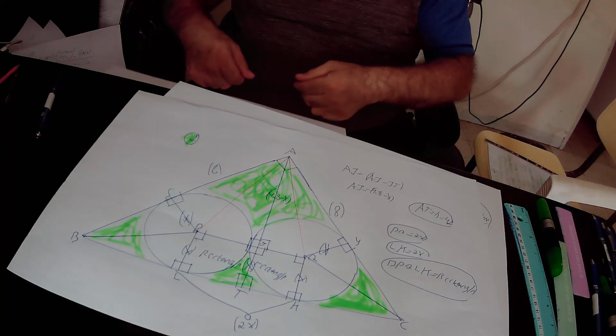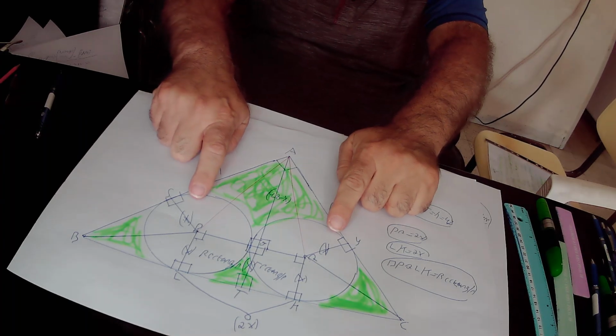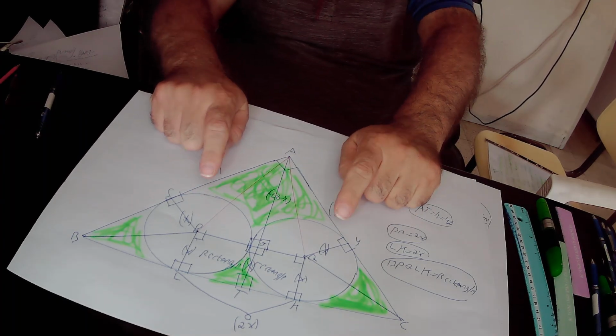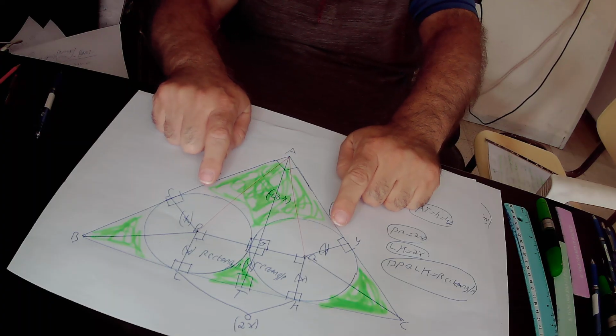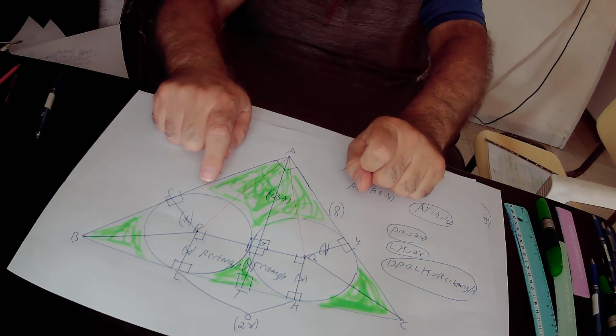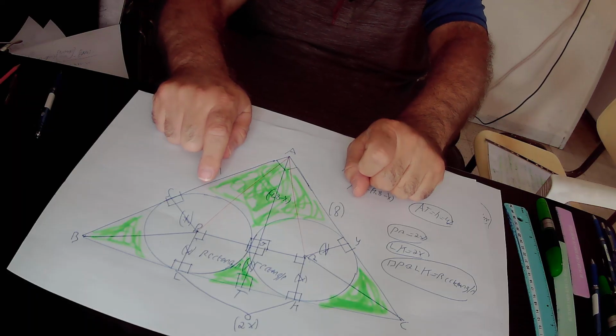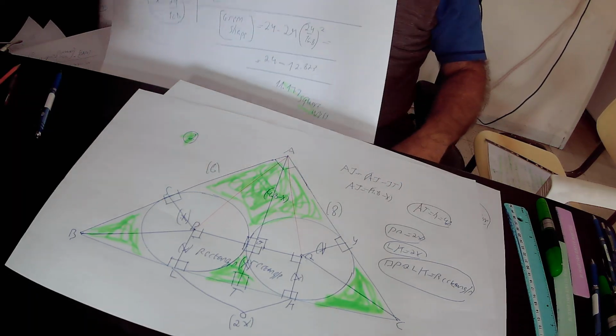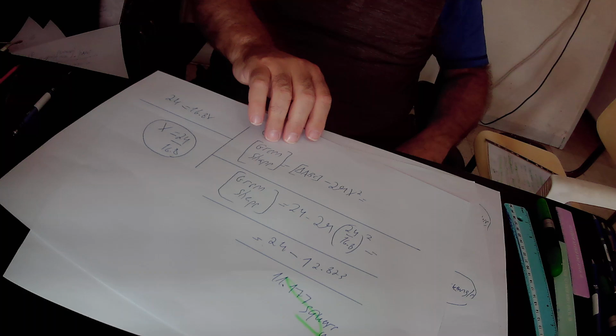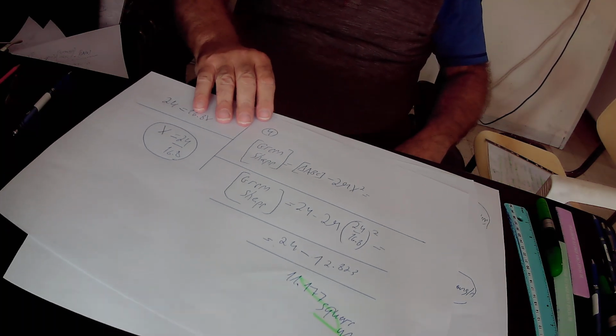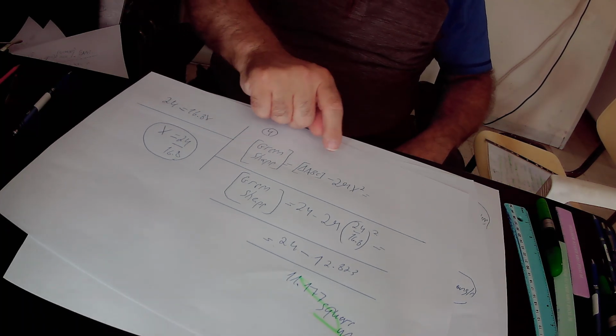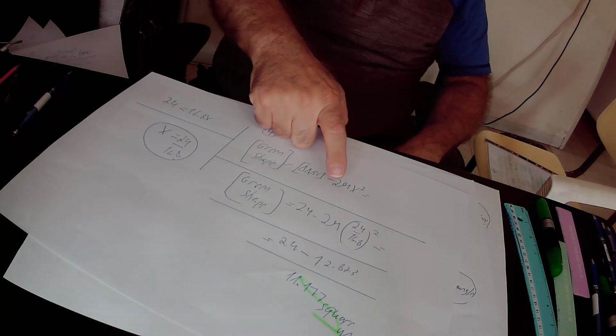Those two circles are identical, therefore they must also have the same areas. Therefore, the sum of the areas of the two circles is the area of one circle, that is pi x squared, times 2. The sum of the areas of the two circles equals 2 pi x squared. The area of ABC is 24. And we have minus 2 pi times x squared.